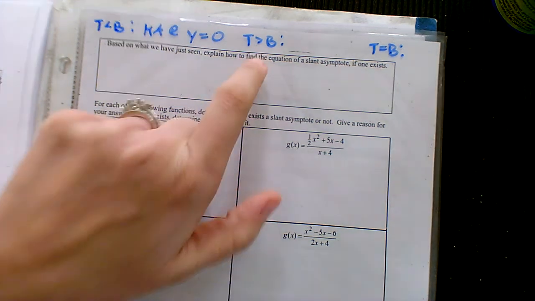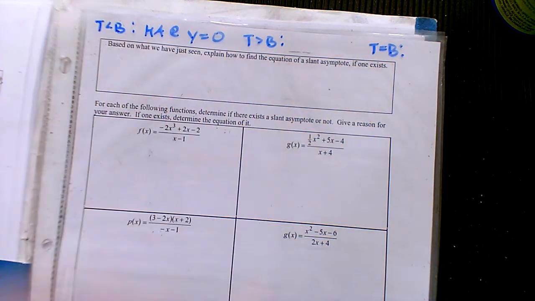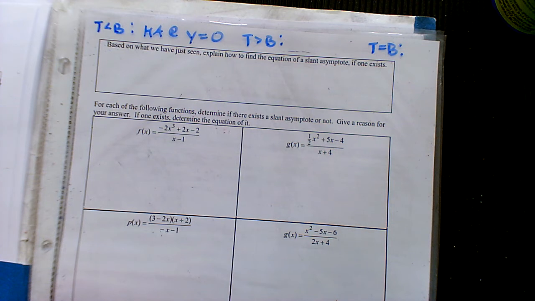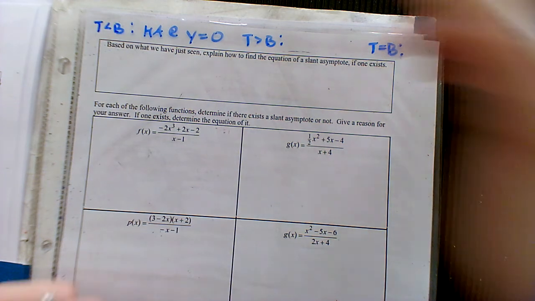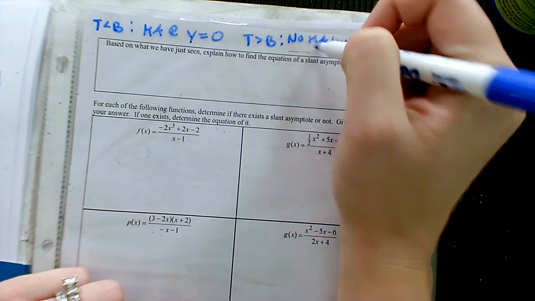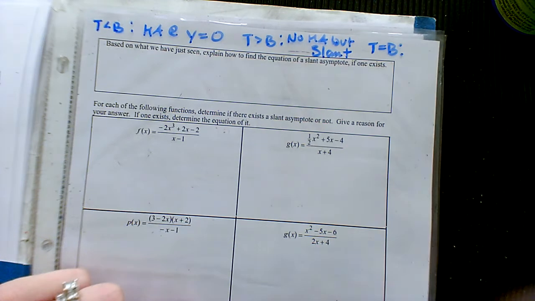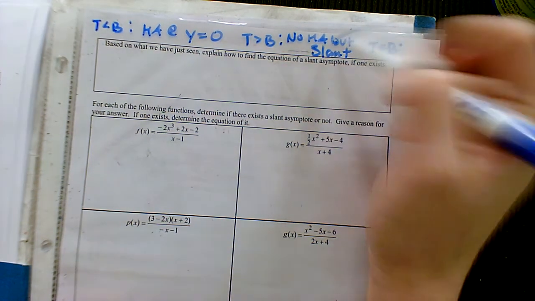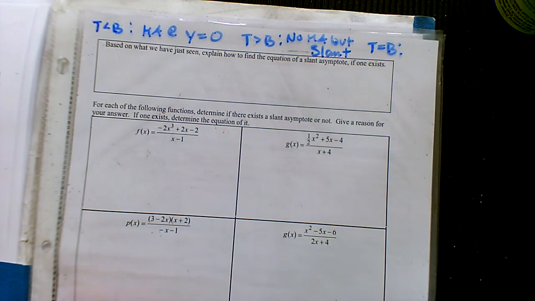What if we switched it, though? What if we had a top-heavy function? It would be a slant asymptote. Okay, so no horizontal, but slant. And what if they were equal?